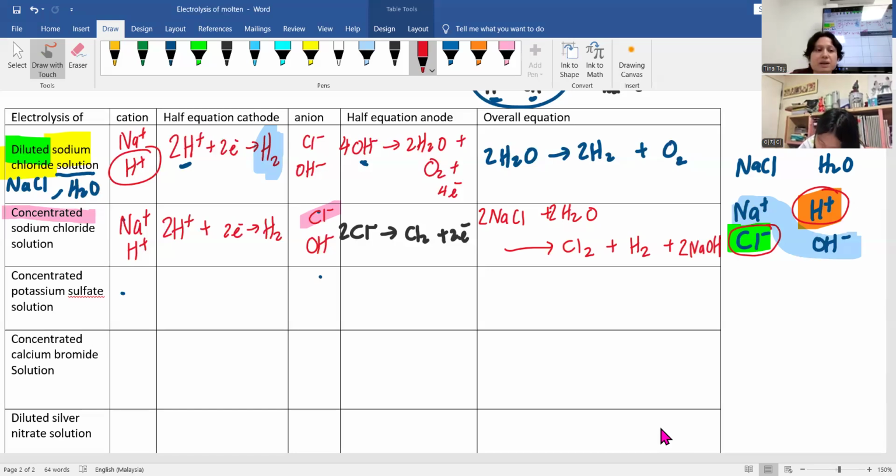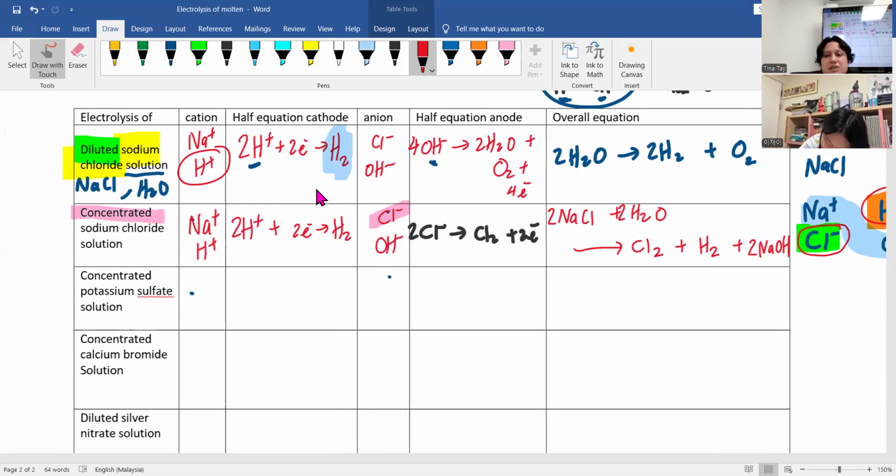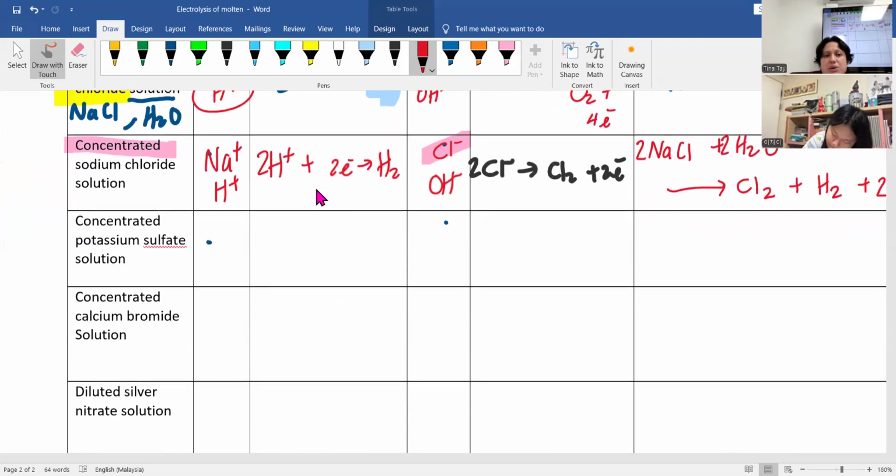Now, Jay, can you tell me what is the formula for potassium sulfate? This is sulfate, so it's K2SO4. Okay?